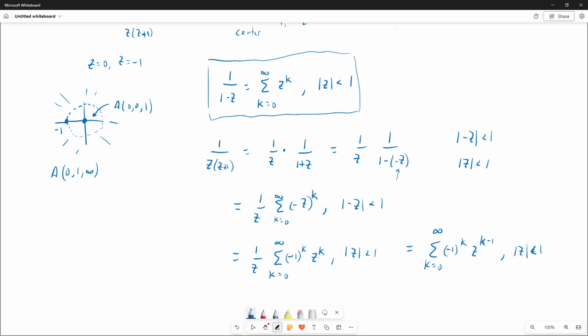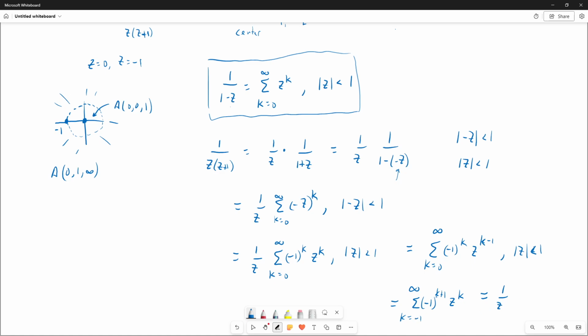If we wanted to think of this as a Laurent series with potentially negative powers, which this one does, when k is 0 you get a negative power. To make that clearer, we'll start k at -1 and make this z^k, so the power is 1 bigger. In the long form, if k is -1, this is positive and we get 1/z.